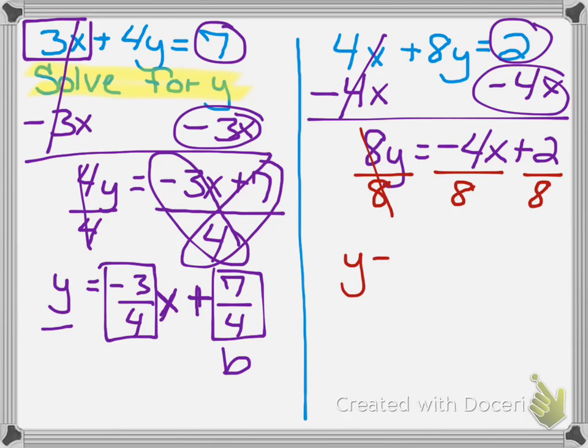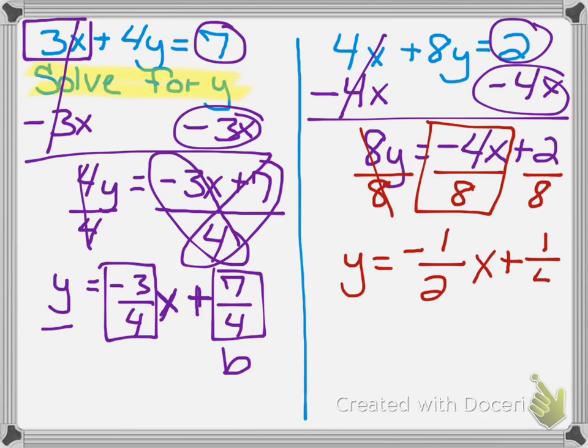I'm going to be left with y equals negative 4/8 x, which 4 goes into 4 once, so it's going to be negative 1. 4 goes into 8 twice, negative 1/2 x. I'm going to keep my sign, plus, and 2/8, so 2 goes into 2 once, and 2 goes into 8 4 times. So my answer is y equals negative 1/2 x plus 1/4.